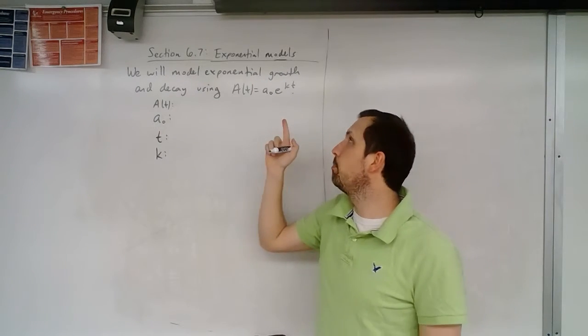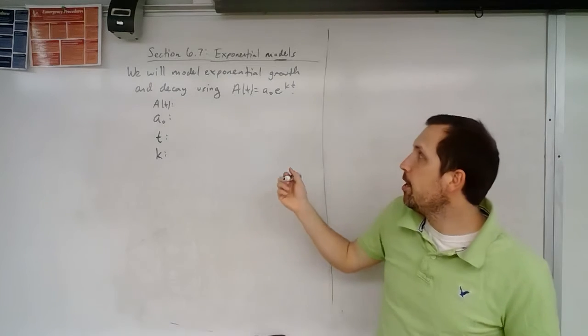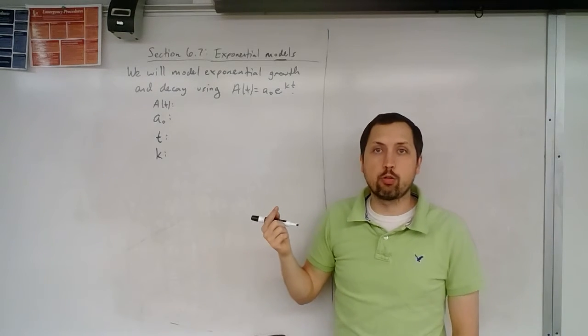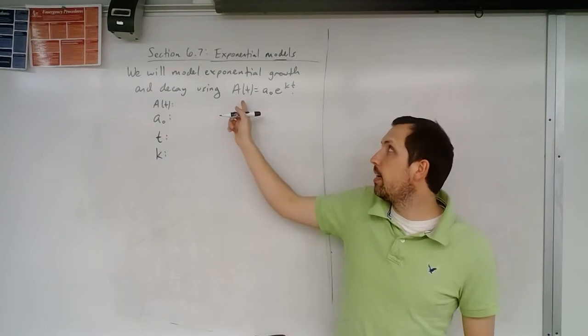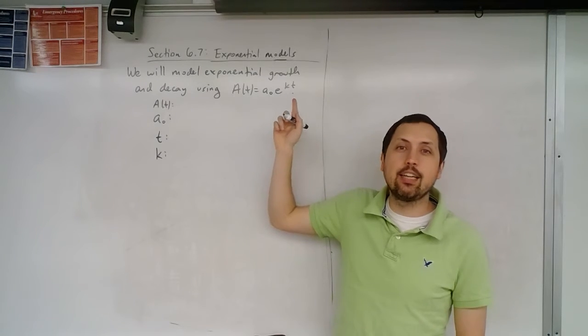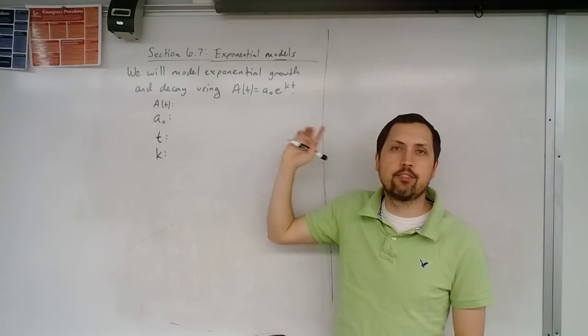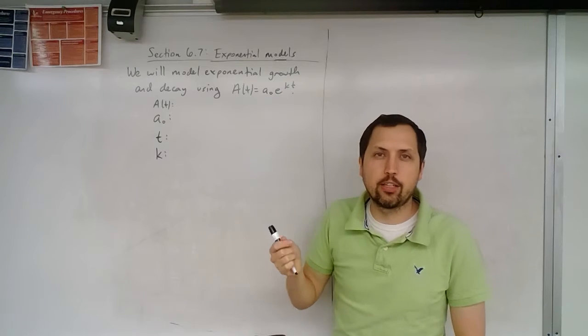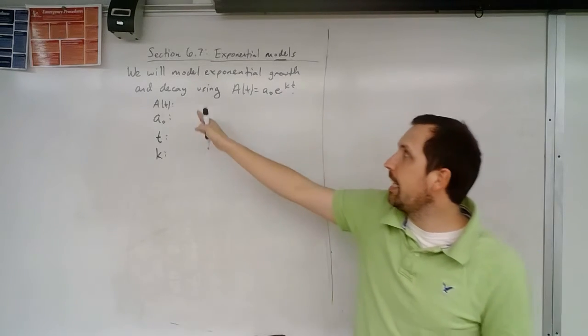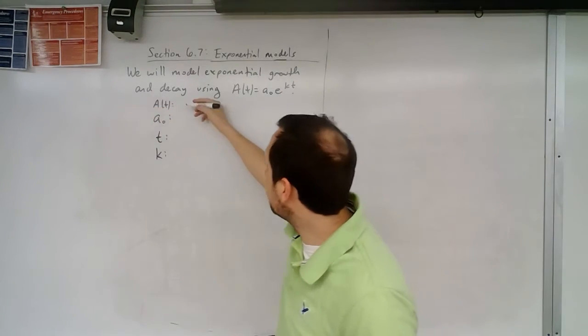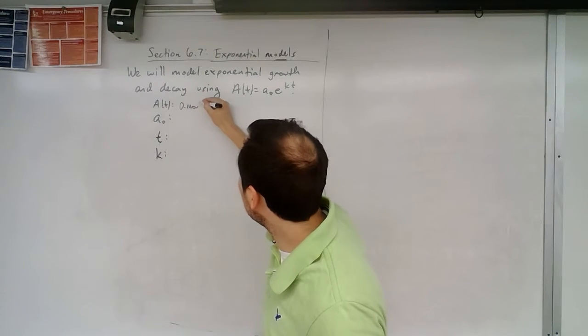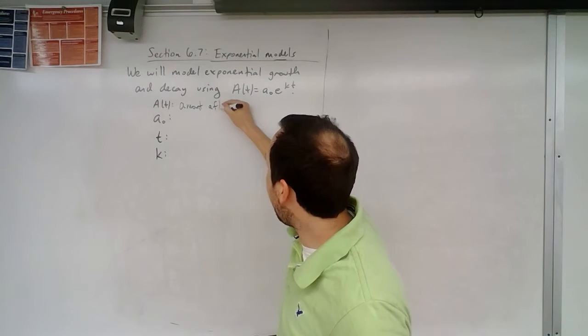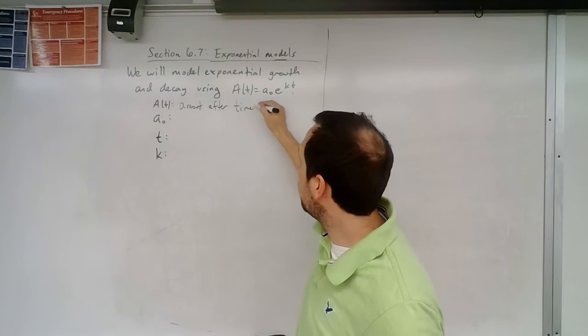A of t is equal to a sub 0 e to the kt. So this is our general exponential growth model. This was similar to P times e to the rt, but I'm just going to use these other letters so we can differentiate between these. What each of these represents: A of t is going to be the amount after time t.